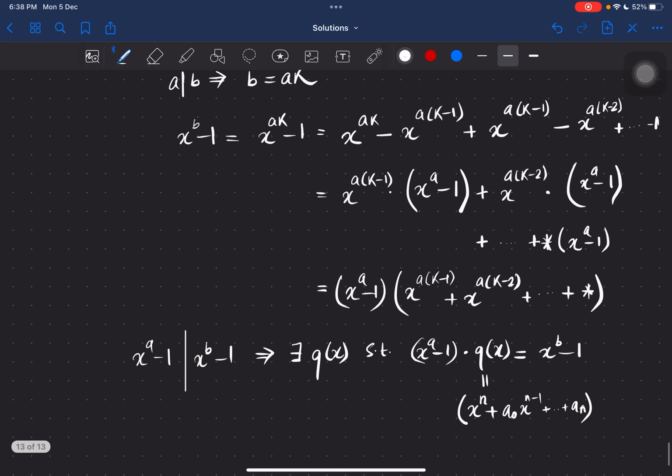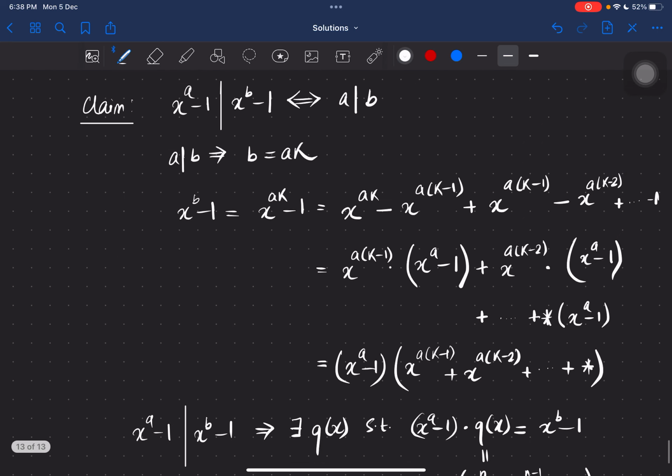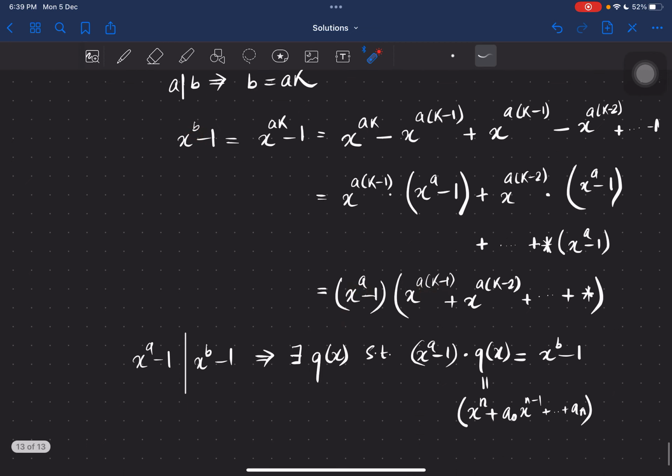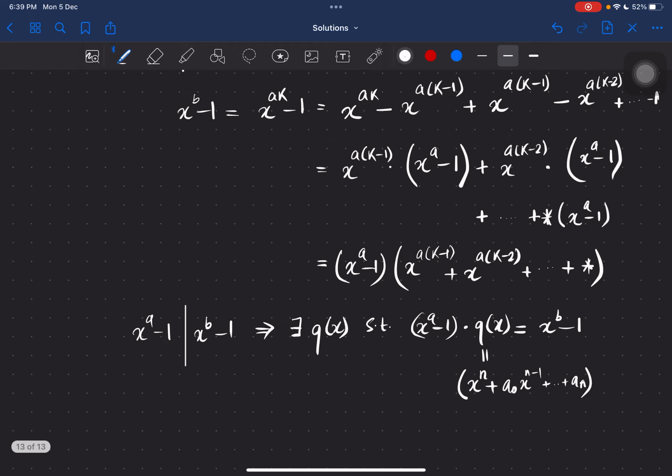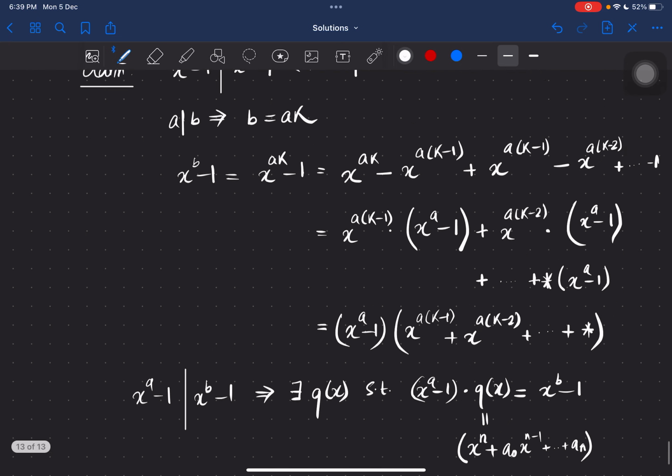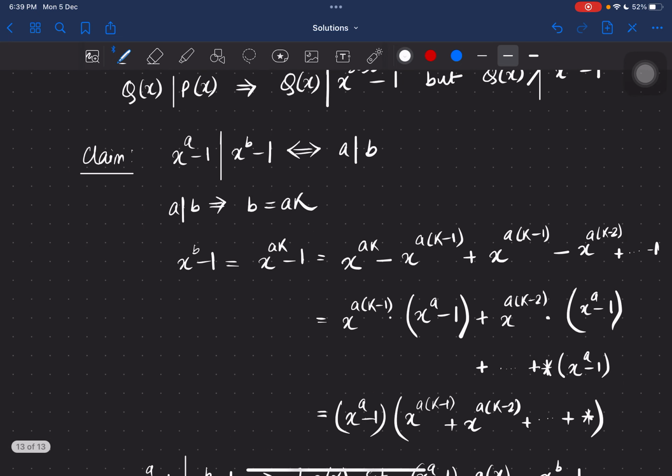If you have a coefficient like this times this, then this plus this should be equal to b. So what we have is a + n should be equal to b. We have to adjust the power. So this will also imply that a divides b.